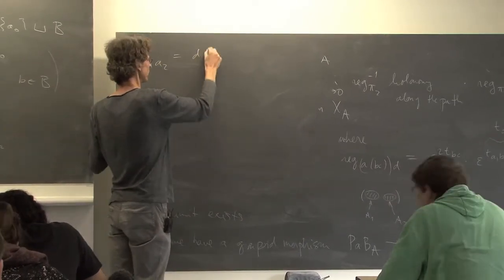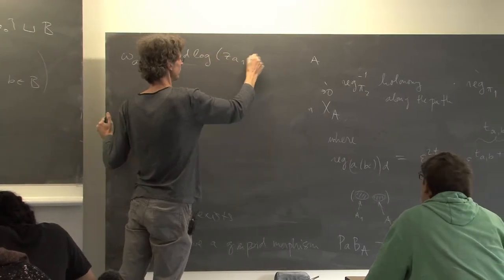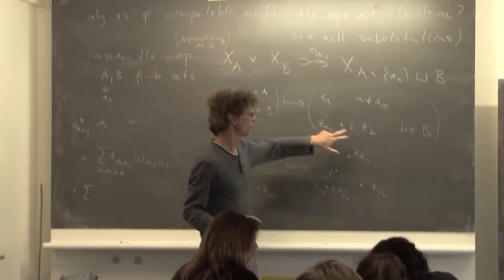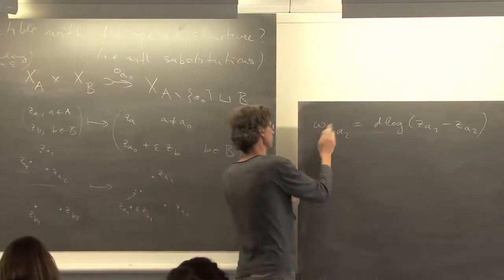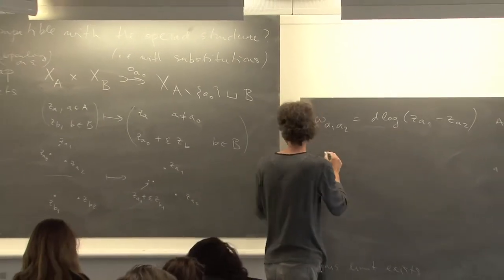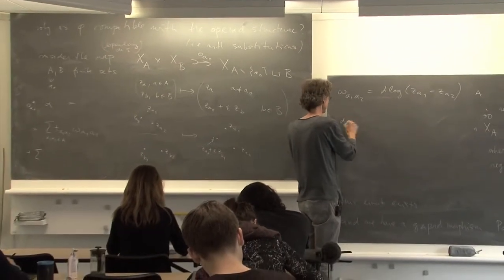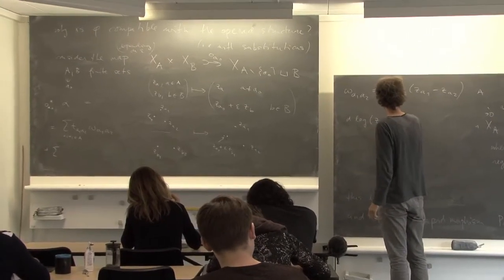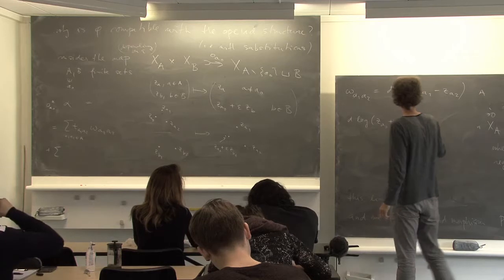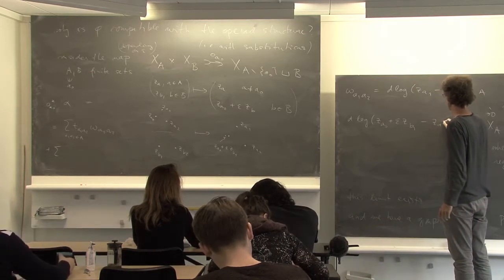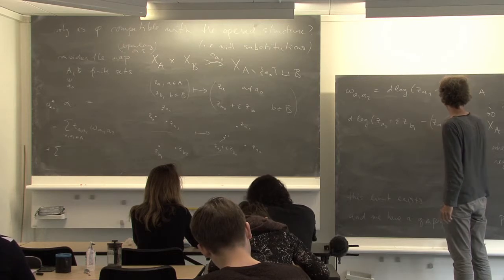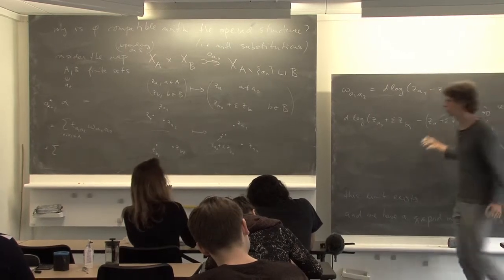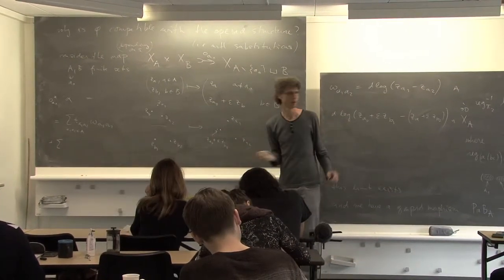This was like d log ZA1 minus ZA2. When you do this kind of substitution, we would see something like d log of ZA0 plus epsilon ZB1 minus ZA0 plus epsilon ZB2. That's what's happening for these points, those that were substituted. You see what happens?